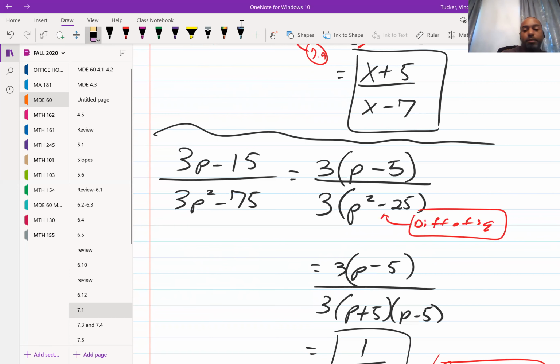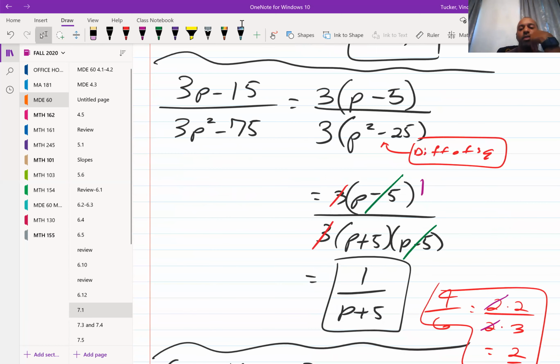Any problem with that? And now you cancel out what's in common. So we have 3 that can cancel out. Then we have p minus 5 that can cancel. Notice everything in the numerator cancels out completely. Don't forget that leaves a 1.